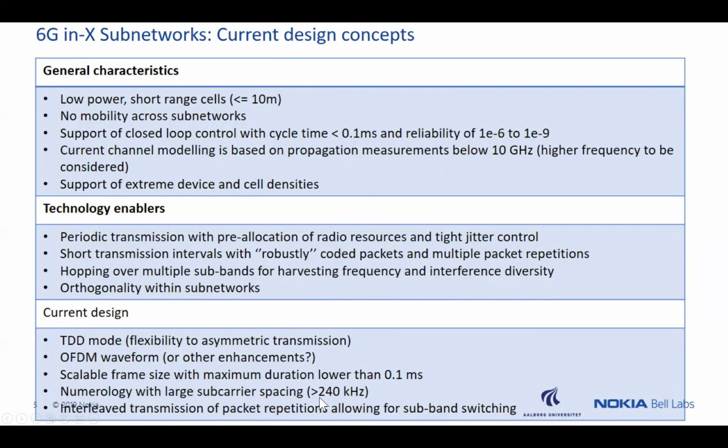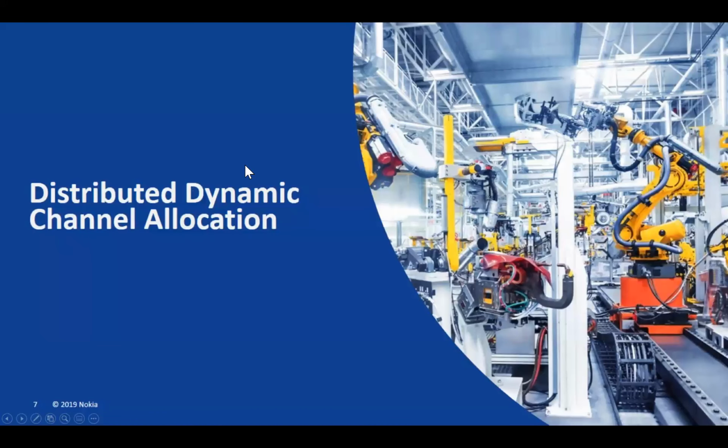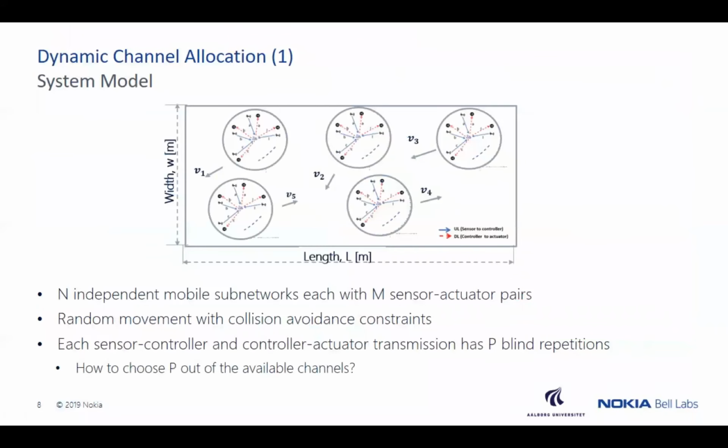We would also expect that given the short cycle time, we would need to have large bandwidth. Here is just an illustration of the frame structure with transmission from each device being repeated blindly by hopping over multiple channels.